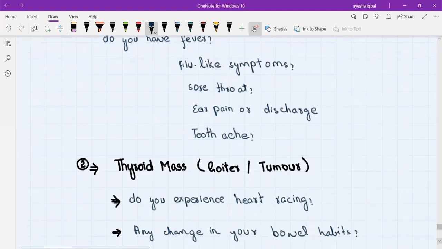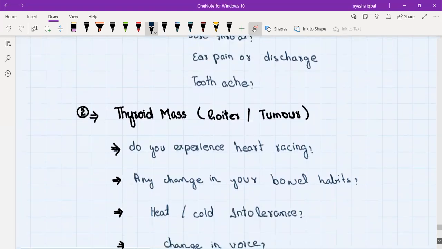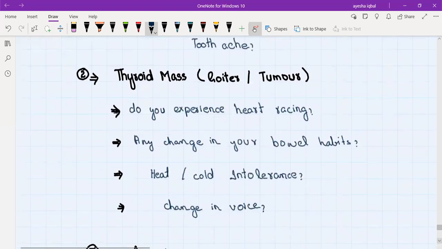Then the next differential on our list is thyroid mass. Okay, so thyroid mass can either be goiter or a thyroid tumor. Okay, so we'll ask questions relating to hyperthyroidism or hypothyroidism, that is, increased activity of the thyroid gland or decreased activity of the thyroid gland. So I'll ask about palpitation because in hyperthyroidism, if the thyroid gland is overactive, then the patient will experience palpitation.